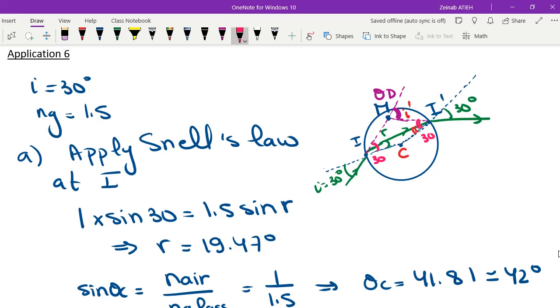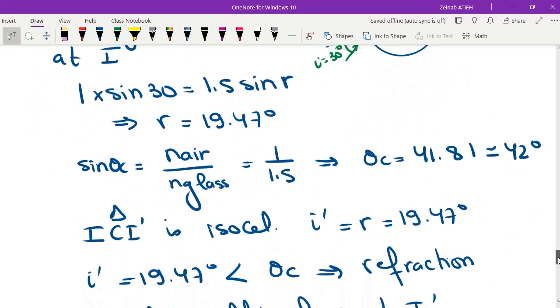And I have ICI prime, which I found to be 141, so I can find IMI prime, which is equal to 360 minus all these angles. Let me do that.